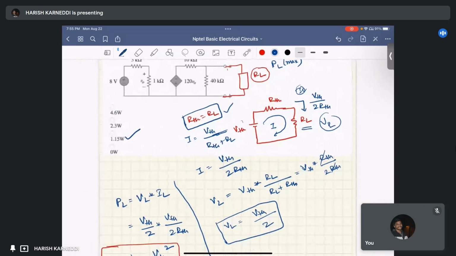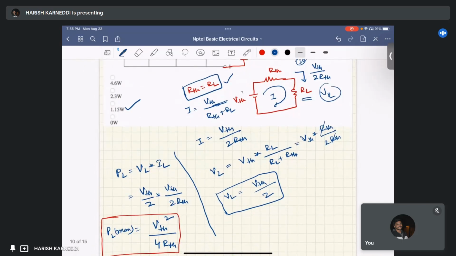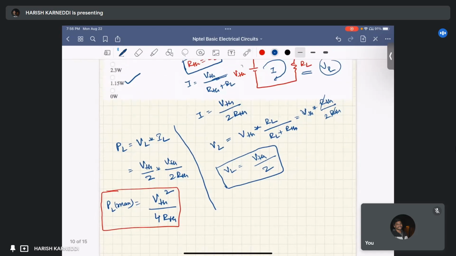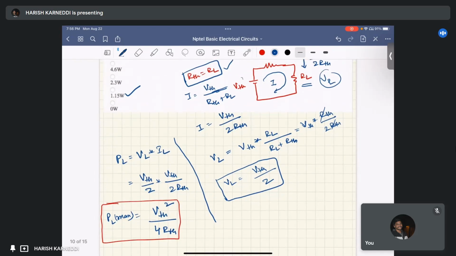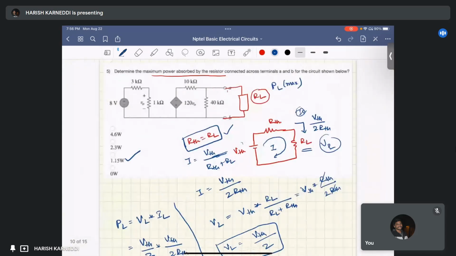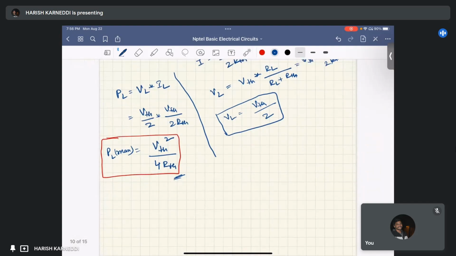I hope this question is clear. To attain the maximum power, the load resistance RL should be equal to the Thevenin's resistance. From this, PL maximum equals VTH square by 4 RTH. So we want the Thevenin's voltage and the Thevenin's resistance.